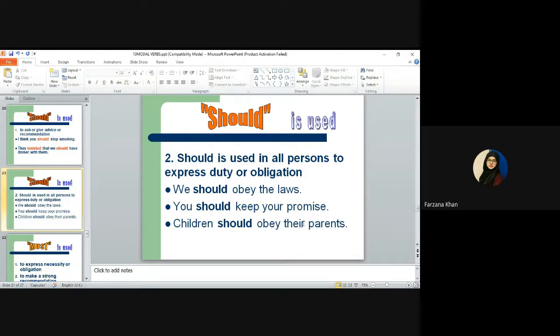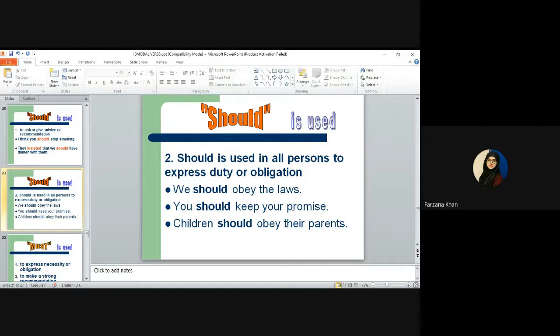Another use of should is that it is used in all persons to express duty or obligations. We should obey the laws. We should not break the laws. We should follow the rules of class. You should submit your assignments timely. You should prepare for the quizzes very well, right?